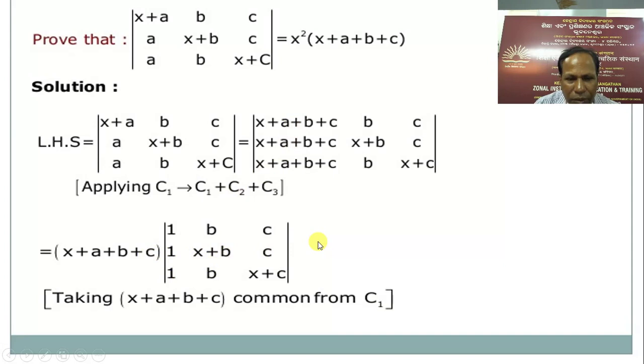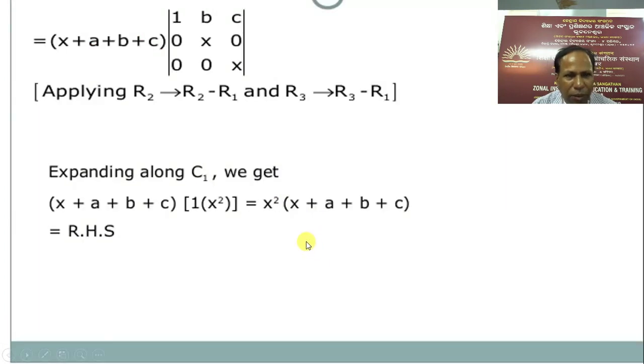Now we will try to get as many zeros as possible, preferably two zeros, either in a row or in a column. So it is (x + a + b + c) times the determinant. Now applying the property R2 replaced by R2 minus R1 and R3 replaced by R3 minus R1, we get 1, B, C; 0, x, 0; 0, 0, x.